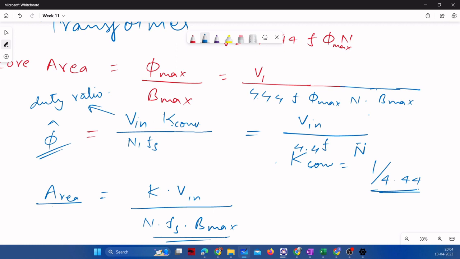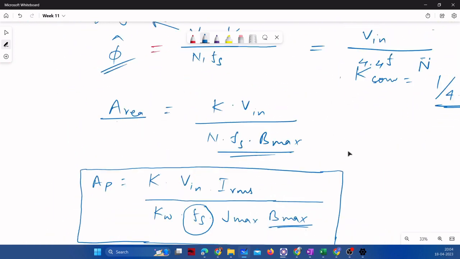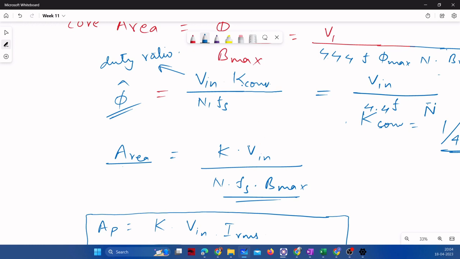Okay, so you refer to the book by Ned Mohan that I told you, and I will also see how they are saying it as duty ratio D, which should not be equal to 1 by 4.44. However, they concluded with this expression as K equal to 1 divided by 4.44, and that led to this factor.